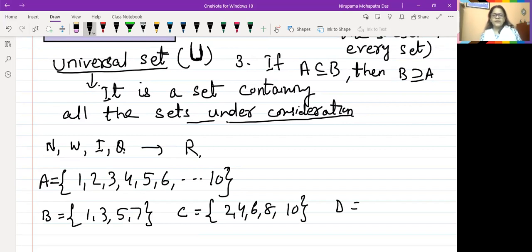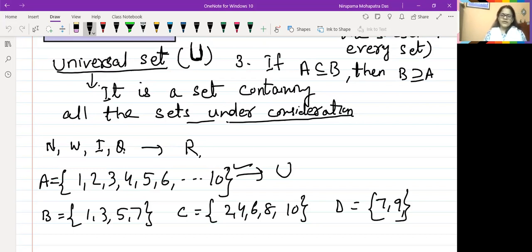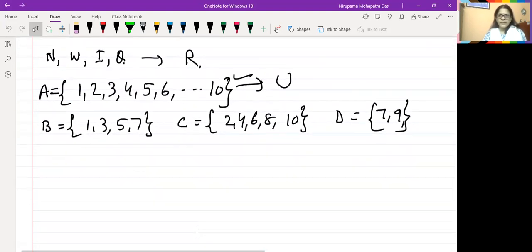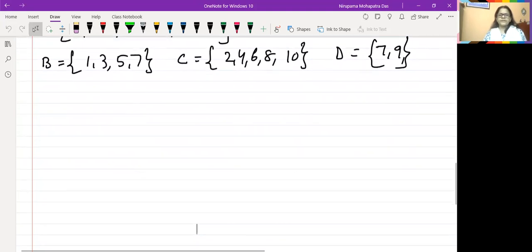And D set is, you can write here, 7, 9, like this. So if you observe, set A contains B, C and D. Now in this case, A will be taken as the universal set for B, C and D. Is it clear? So basically the universal set is the superset of all other sets in that particular situation.